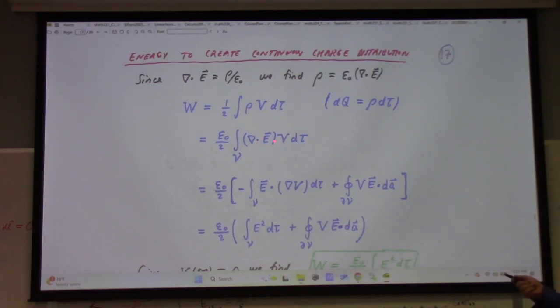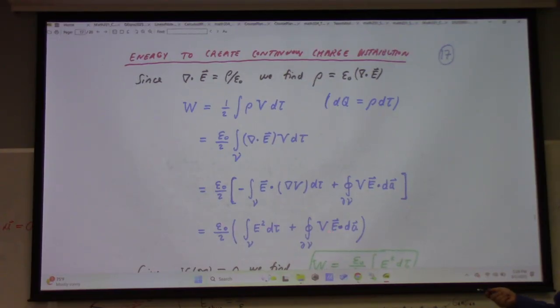Then integrating by parts, we can trade out, because notice that there's a voltage here. And this is actually E squared, because minus the gradient of V is E, and E dot E is E squared. So you have the integral of the magnitude of the electric field squared over the volume, plus this term over here, voltage times the electric field dot dA.